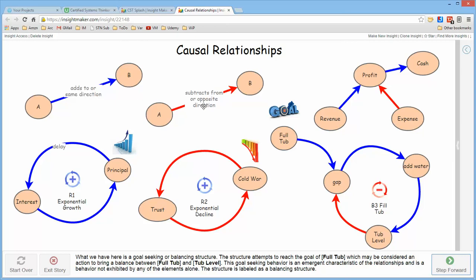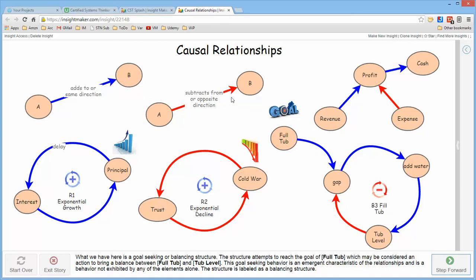Those 2 relationships are used to create 2 basic structures, a reinforcing structure and a balancing structure. And any relationship map that you create is simply some number of reinforcing and balancing structures interacting together simultaneously.